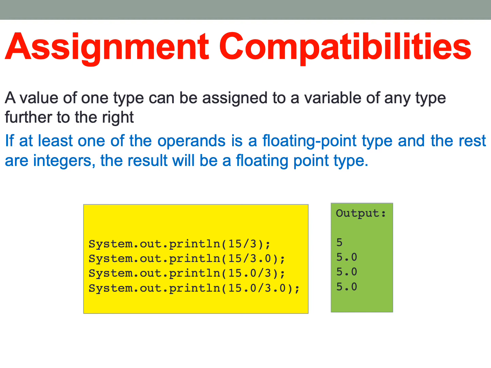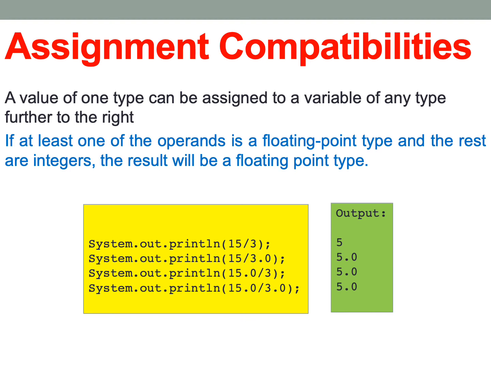To simplify this for our understanding, we can assume this as when we do 15 divided by 3, that is basically data type int divided by int. So the result will be of type int as well. That is why we get the value 5. If we do 15 divided by 3.0, that is int divided by double.